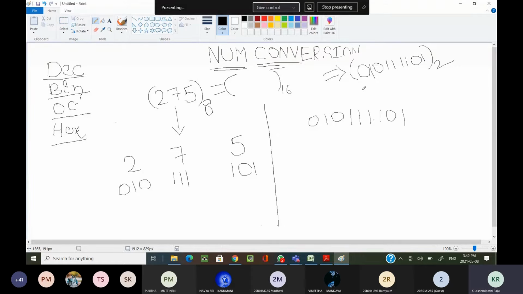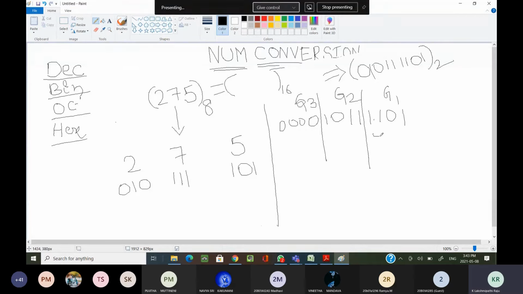Now I am dividing this into groups of 4 bits. This is my first group G1, this is my second group G2. And the final group, whether you consider it or not, is not a matter for us, because here you see only 1 0. If you want to consider it, you can add 3 zeros here.